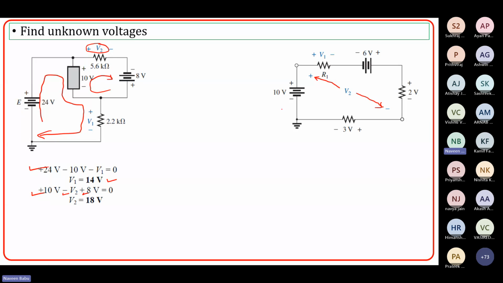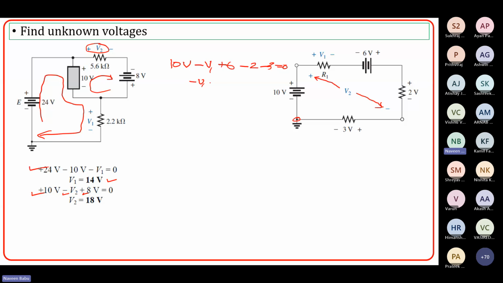So let's start traveling from this point. It is 10 volts, then minus V1, then plus 6 volts, then minus 2 volts, then minus 3 volts equal to 0. So 10 plus 6 is 16, 16 minus 5 is 11.